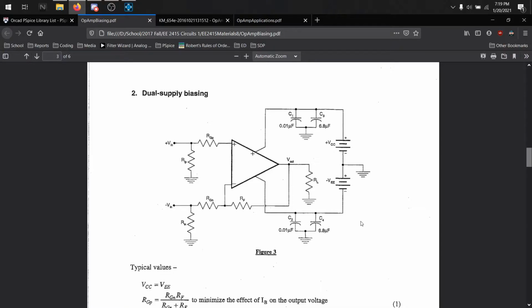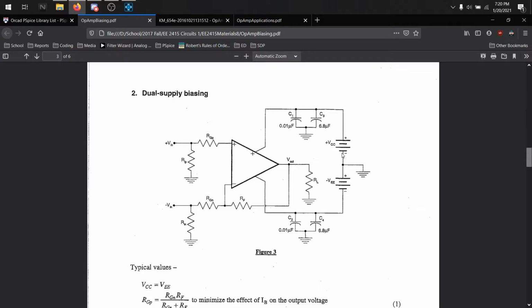You'll cover this more in electronics too, because you'll do it with transistors. But the op amp is just a collection of transistors. So you want to turn it on, and you don't want to turn it on with AC because the voltage is always fluctuating. So you want it on with DC.